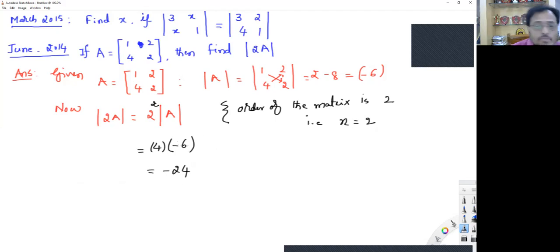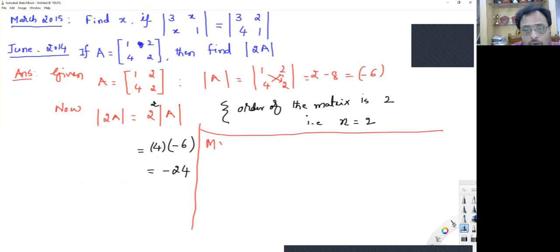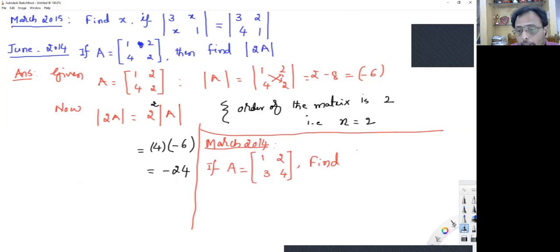Now, similarly, March 2014 example, I'm going to give. March 2014. If A is equal to 1, 2, 3, 4, find determinant of 2A.